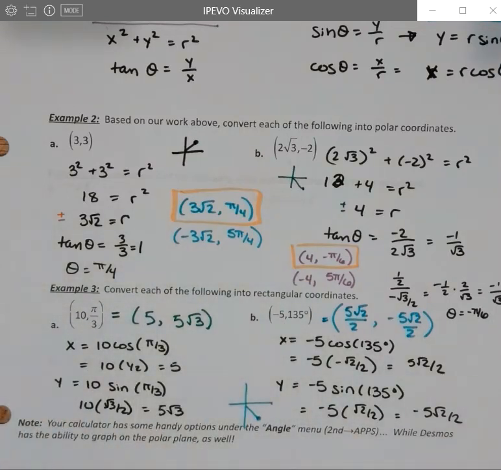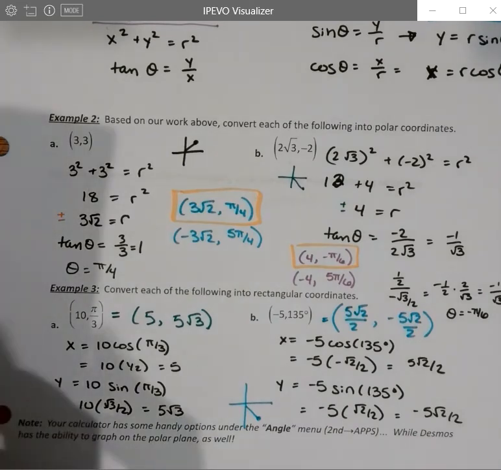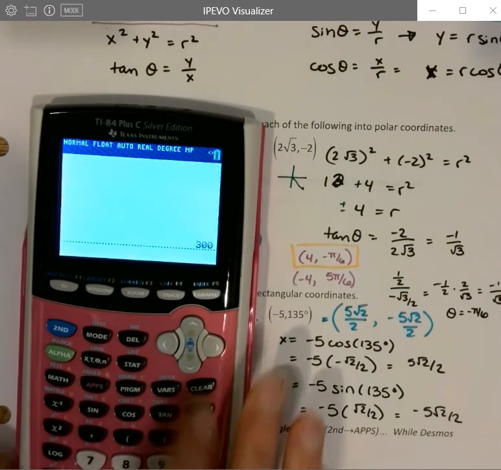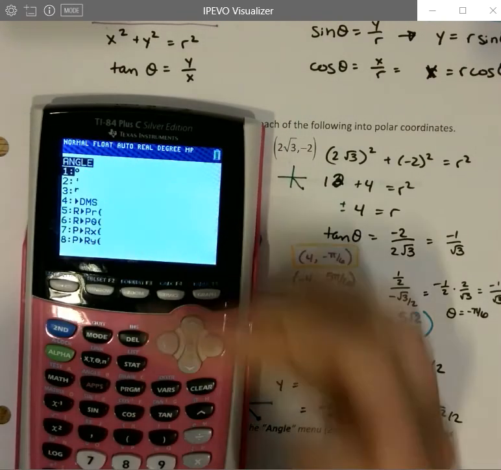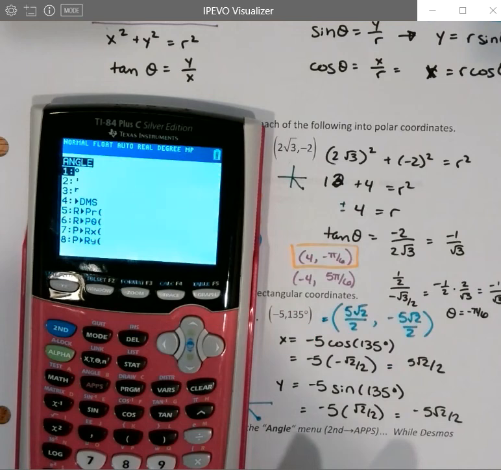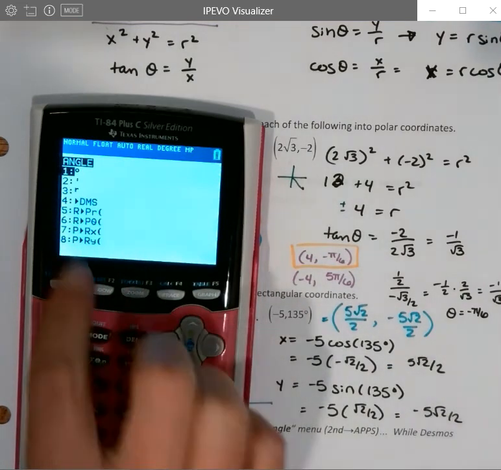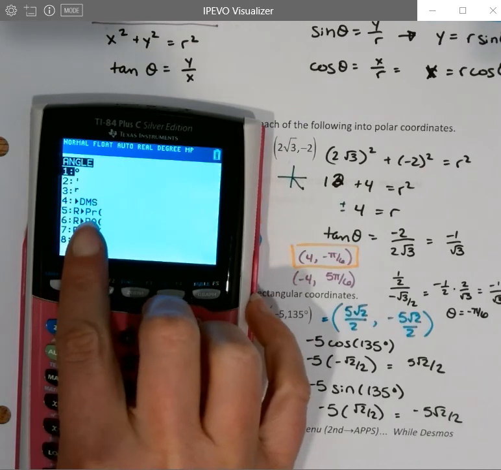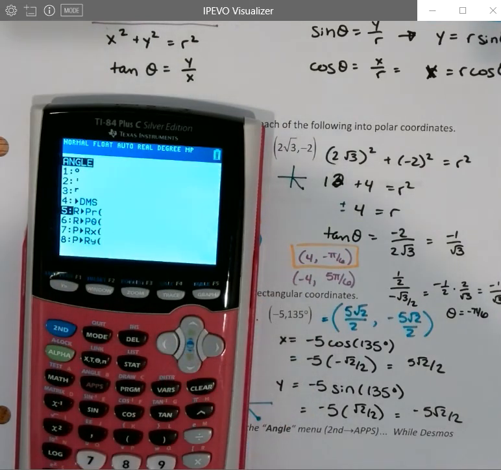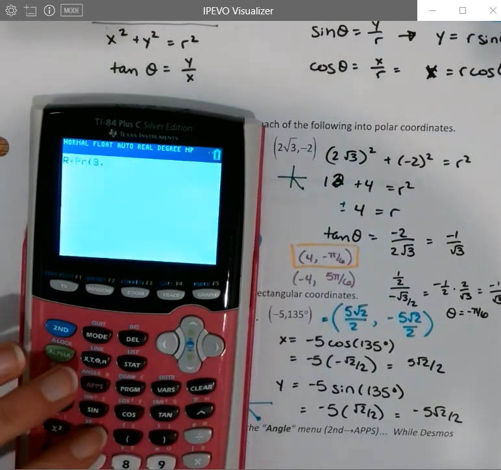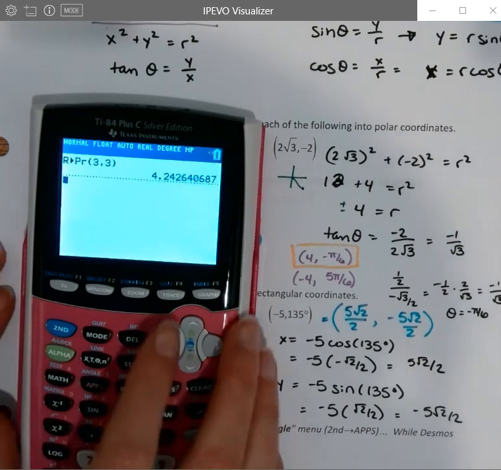Now, there's a note about calculators. In my calculator, if I go into the angle menu where we've done the degrees and minutes before, there is R, Pr, a rectangular to polar conversion to find r. If I try this one, I have rectangular, so I put in 3, 3, and it finds the r value.